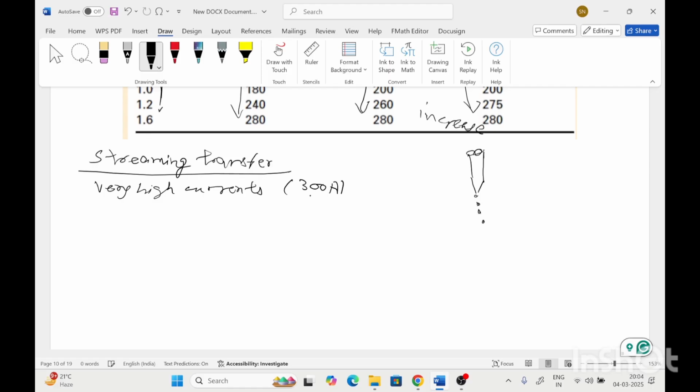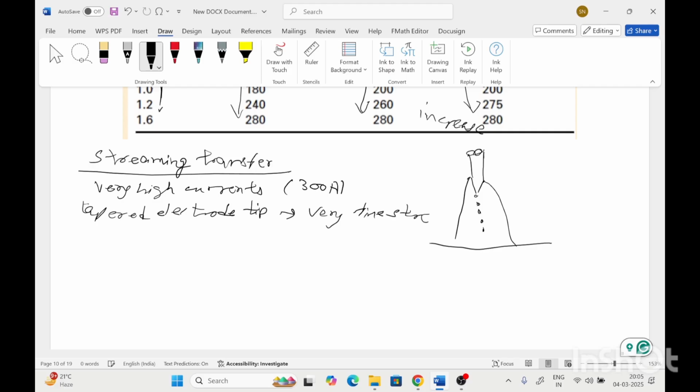Means the small droplets will fall with very high frequency. So a continuous stream will lead to the streaming transfer. In this case, the electrode will get tapered and there is a very fine stream of droplets.